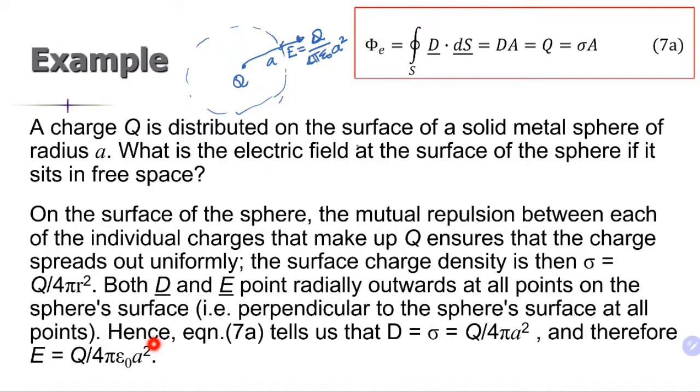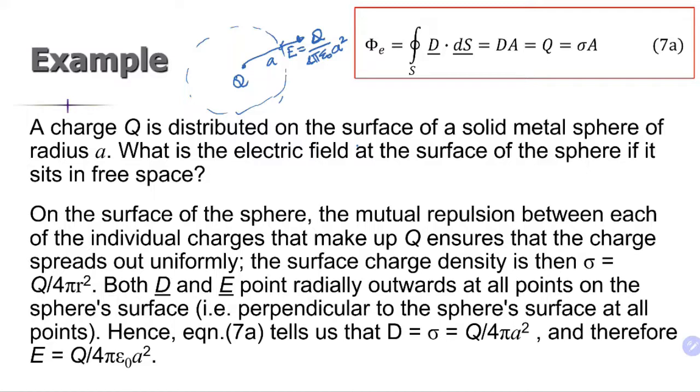This is on the surface of my metal sphere. This is point charge. Okay, can you see the similarity of that? So they are both the same. So if I have a sphere with Q charge distributed over the surface, it is exactly the same as if I have a point charge at the center of the sphere.